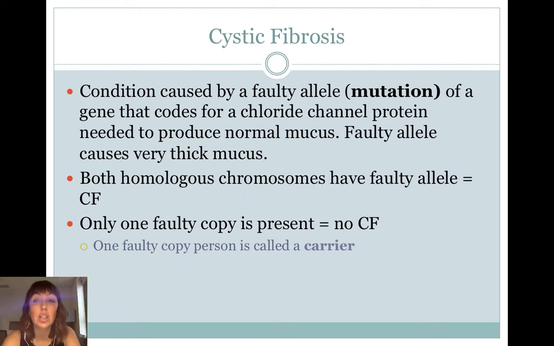This faulty gene, this mutation, doesn't allow the chloride ions to populate as they normally would, which causes very thick mucus to accumulate. Both homologous chromosomes have to have the mutation in order to get cystic fibrosis. If only the mom has it or only the dad has it, you will not get cystic fibrosis, but you will be a carrier.